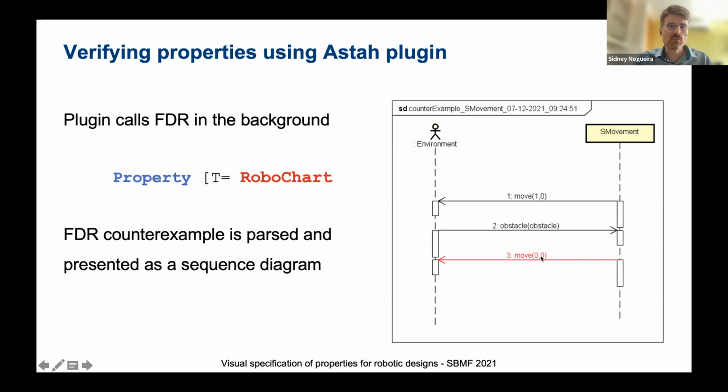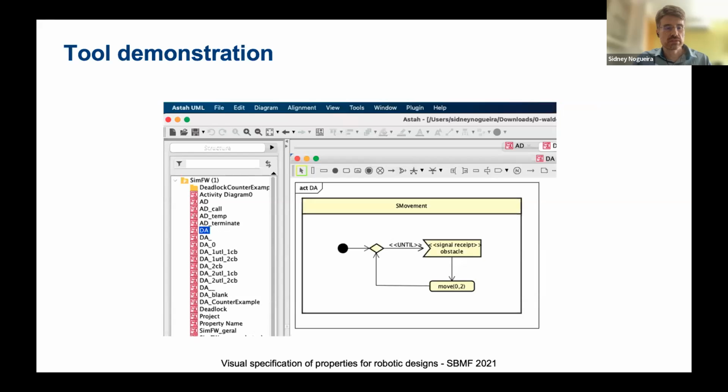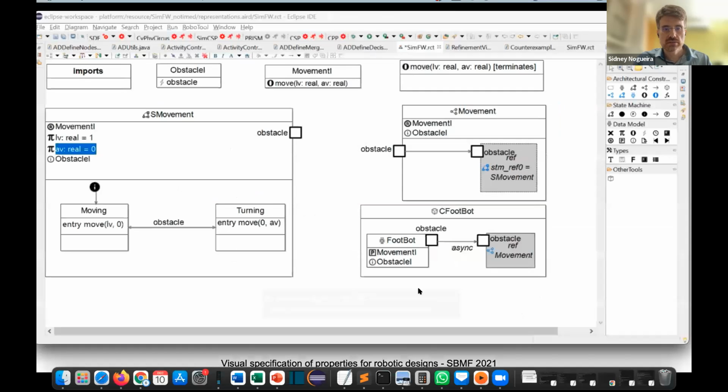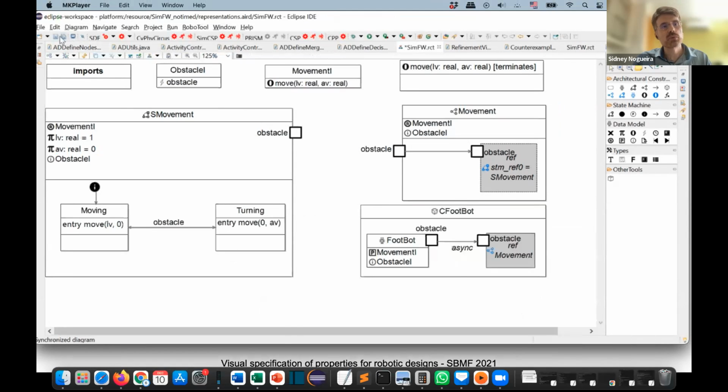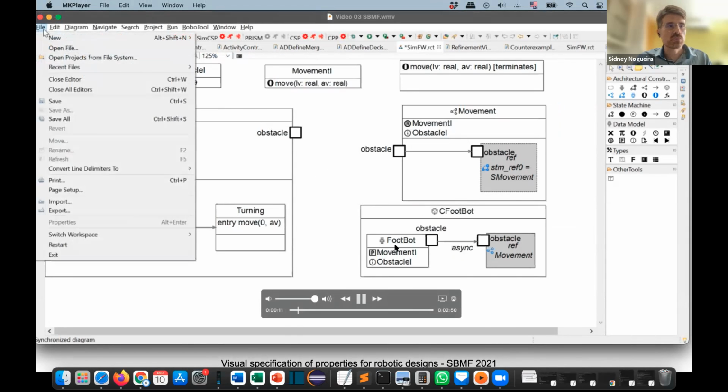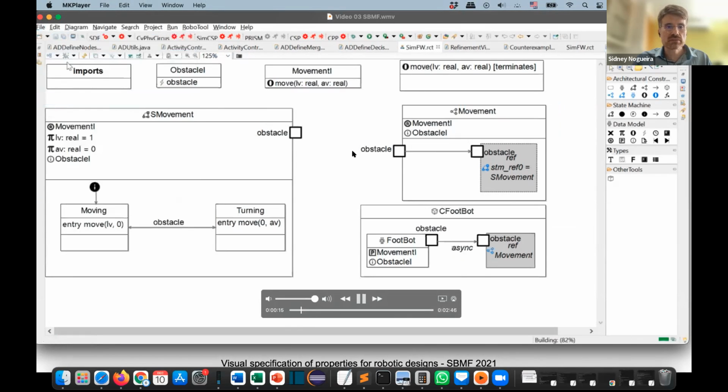Okay, so we now show a very short video of the tool. Here is the Robo tool. We did not implement Robo tool, it already exists. Robo tool is used to author the RoboChat model.